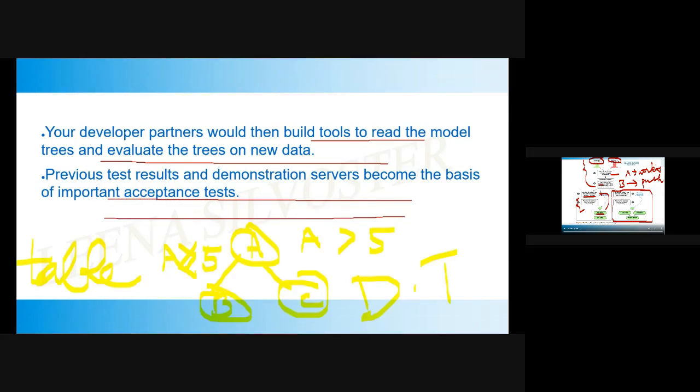The developer partner uses build tools to read the model and evaluate the trees on new data. Once you create the model, you have to test it using test data.